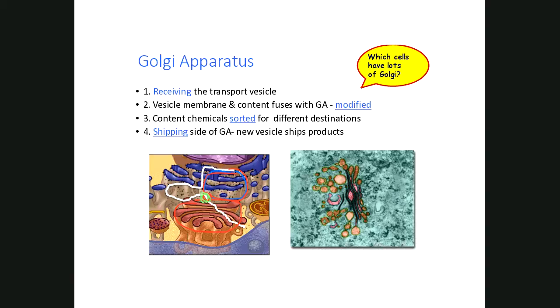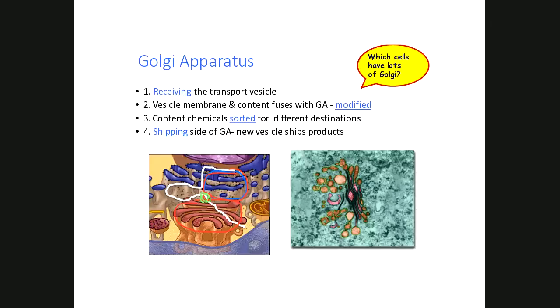So it releases the protein contents into the Golgi apparatus. What the Golgi apparatus does with those contents is sort those protein chemical contents according to certain destinations. Some are going to go here, some will go there.